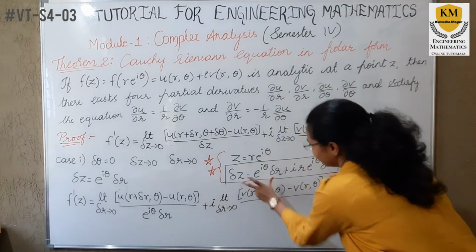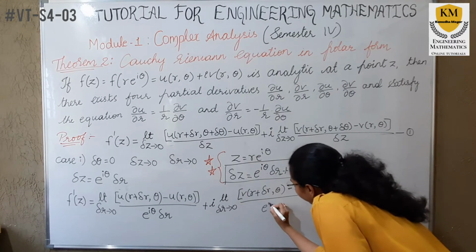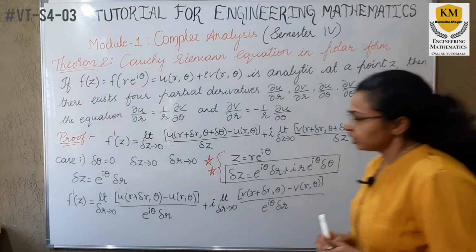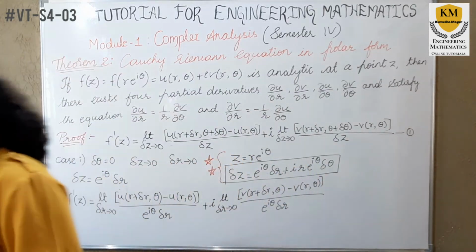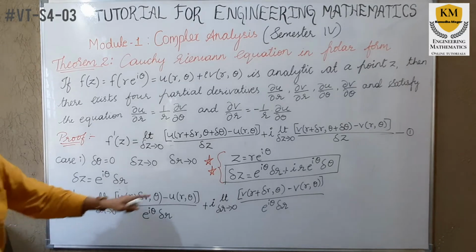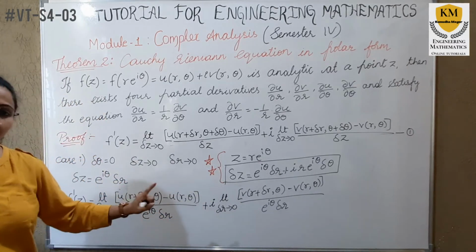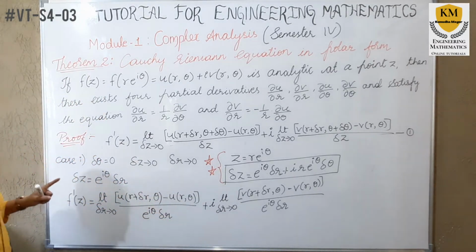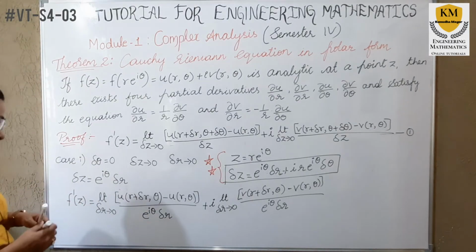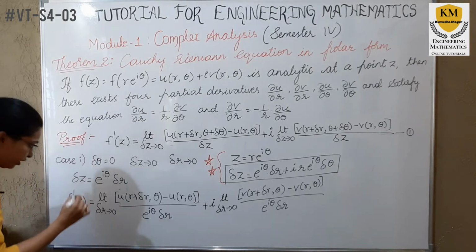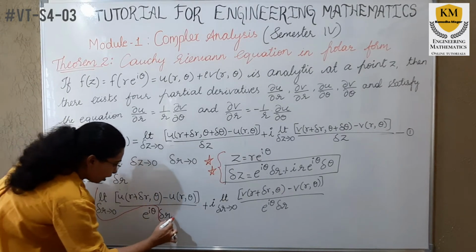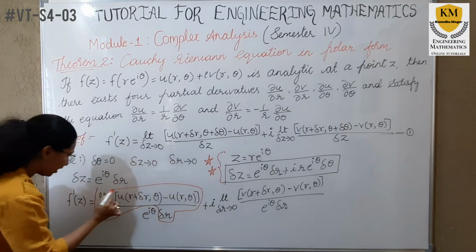I can write only this part, e to the power i theta into del r. The last step plays a really major role to go for the next step. You must know the basic definition of partial derivatives. So this I will directly write here. Look at the cloud, what I am going to do. Observe only the clouded portion, only the red mark.